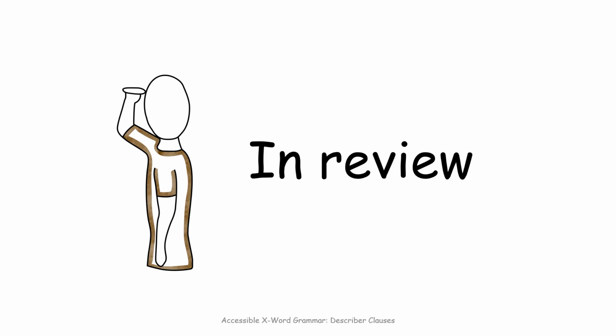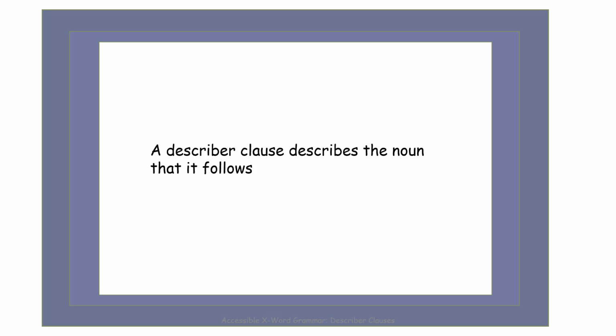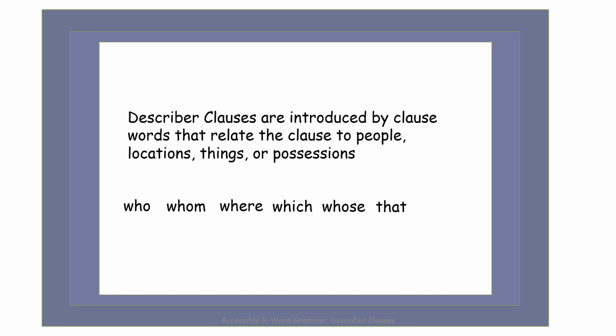In review, a describer clause describes the noun that it follows. Describer clauses are introduced by clause words that relate the clause to people, locations, things, or possessions. The words are who, whom, where, which, whose, and that.